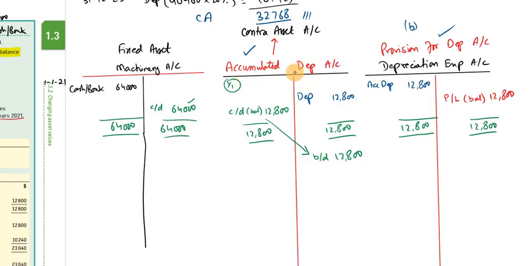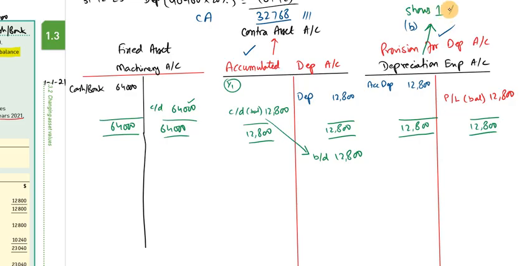The total depreciation of machine is 12,800, and this depreciation expense shows the depreciation expense for the year, for 1 year only. So this account shows the depreciation of 1 year only.